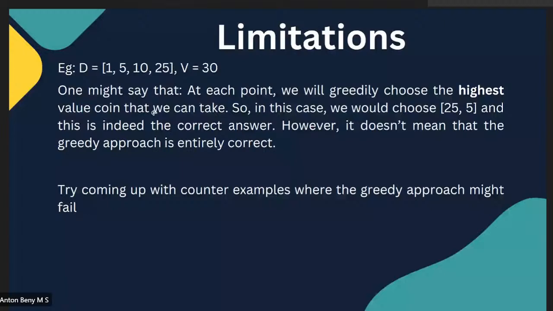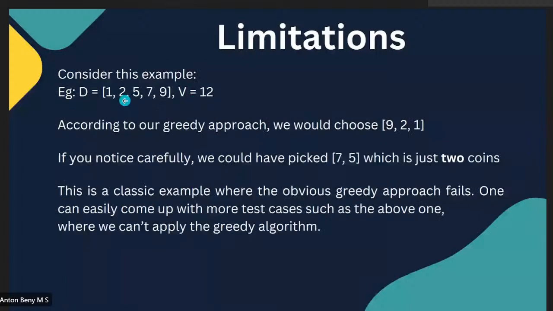So in the earlier case, we would choose 25 and 5 for value 30. But look at this case, 1, 2, 5, 7, and 9. If you use the greedy algorithm, you would choose 9 first because that is the highest coin that you can take. And later, now you need just 3 more.